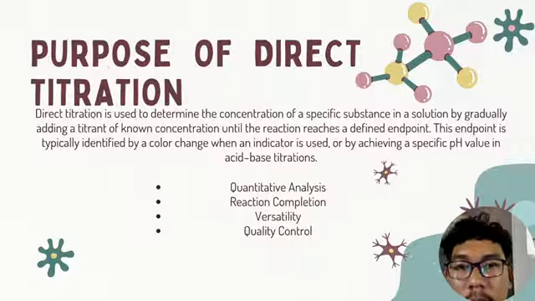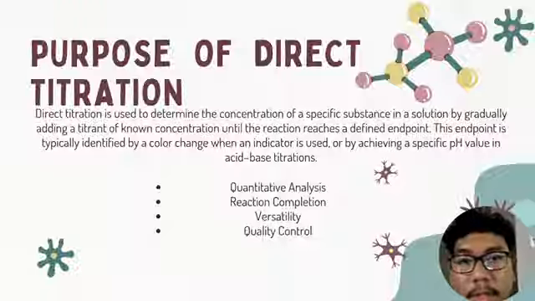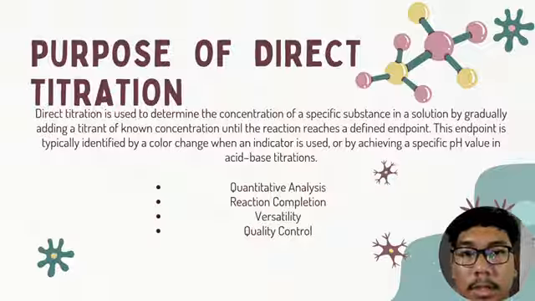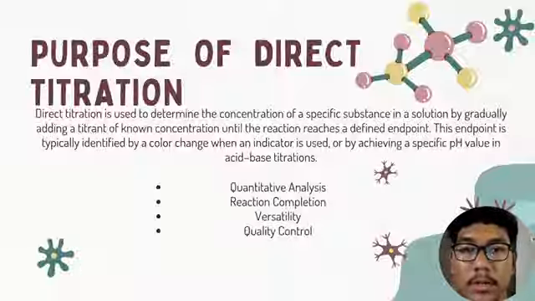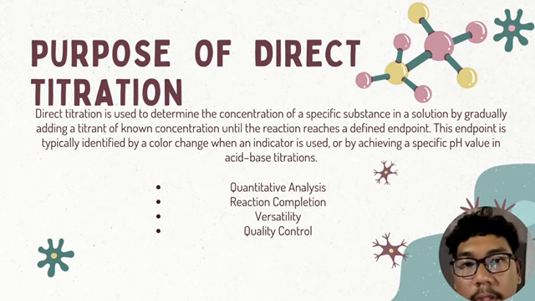First is quantitative analysis. It enables accurate determination of unknown concentration in a sample. Second is reaction completion. It confirms that the chemical reaction has proceeded to completion, which is crucial for precise concentration calculation. Second last is versatility.